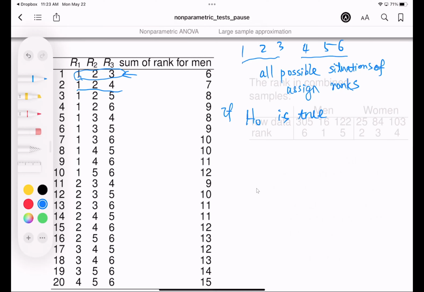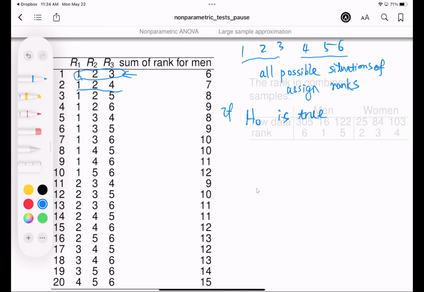There's no reason for the men's values to be larger or smaller. So we could just assign any 3 of the ranks to the men. That's why you see all these possible assigned rankings for men listed.